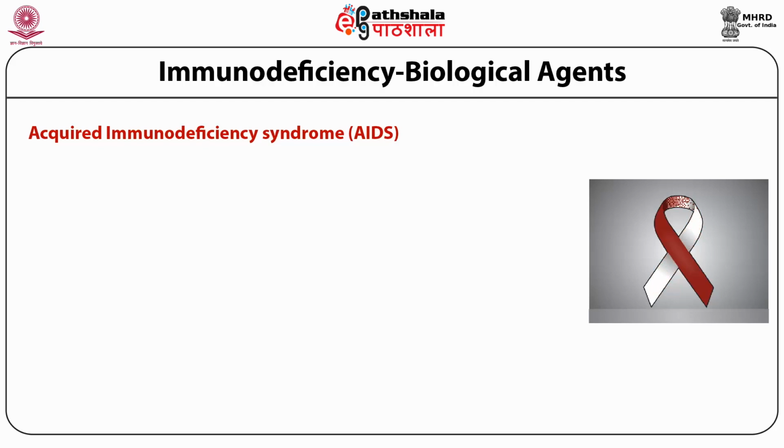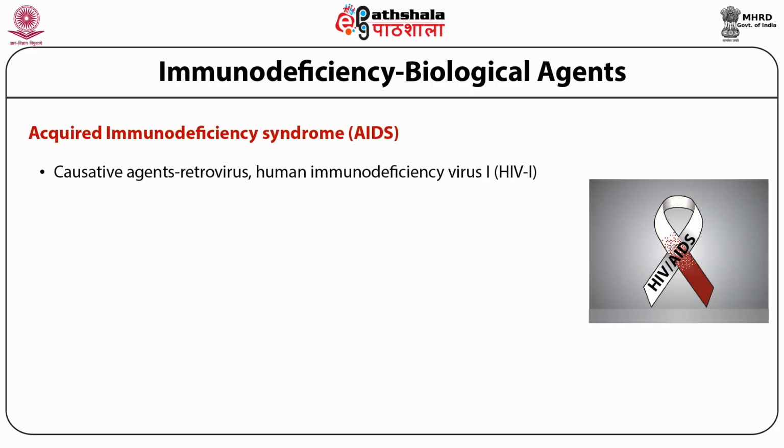Immunodeficiency due to biological agents. Over the last few decades, all other immunodeficiency diseases have been overshadowed by the secondary immunodeficiencies caused by a retrovirus, human immunodeficiency virus 1, that is HIV-1. The presence of the virus has led to an almost epidemic of a disease called acquired immunodeficiency syndrome, that is AIDS.